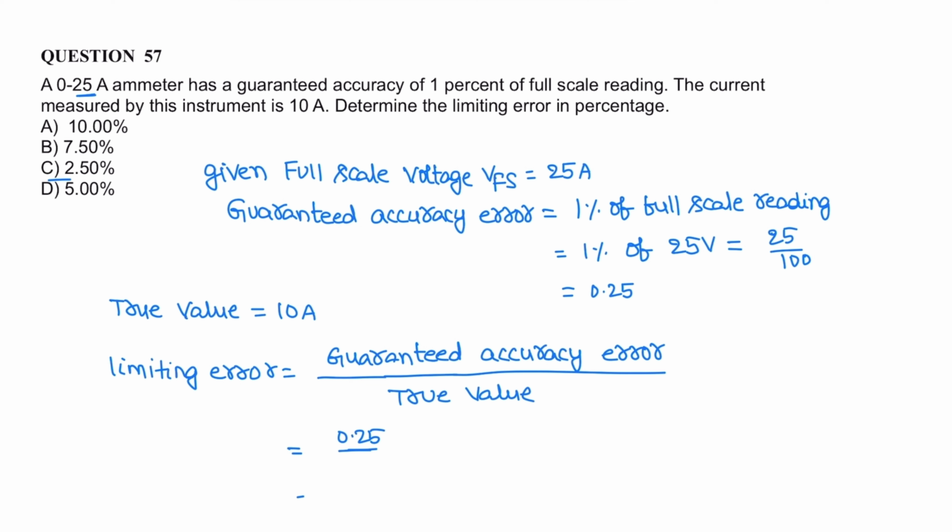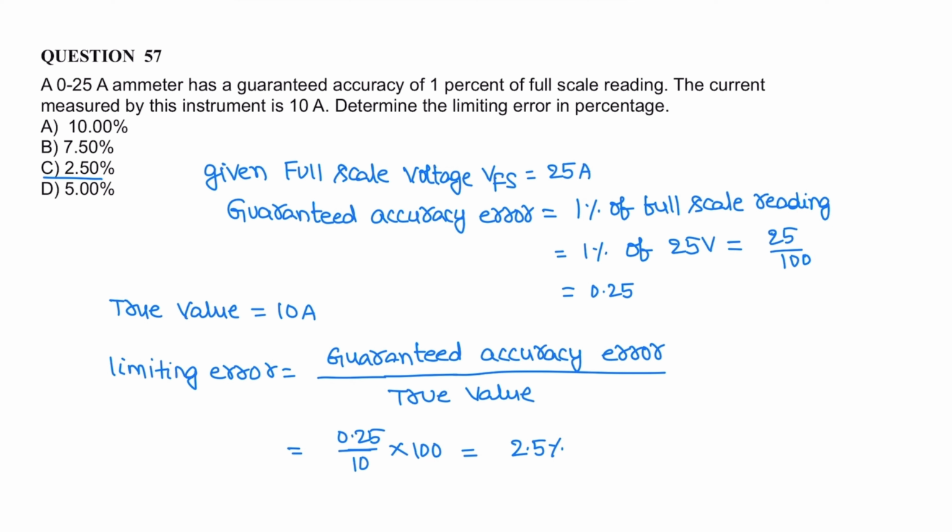In terms of percentage, multiplied with 100, its value is 2.5 percentage. Therefore limiting error is 2.5%. Correct option is C. 2.5% is the limiting error.